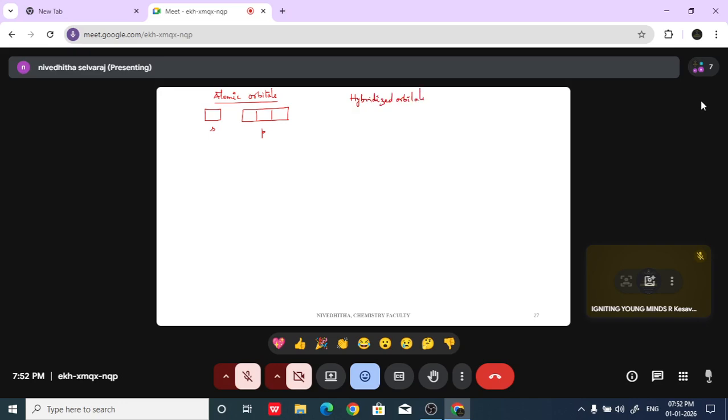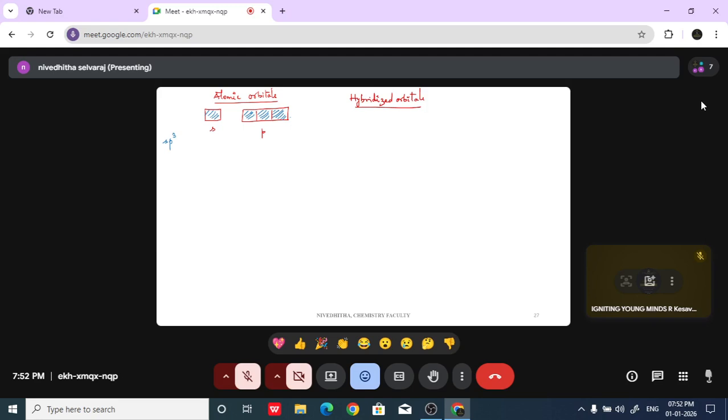This you would have studied in your chemical bonding chapter. For example, the hybridization is sp3. What does it mean? One s orbital and three p orbitals were getting into hybridization.